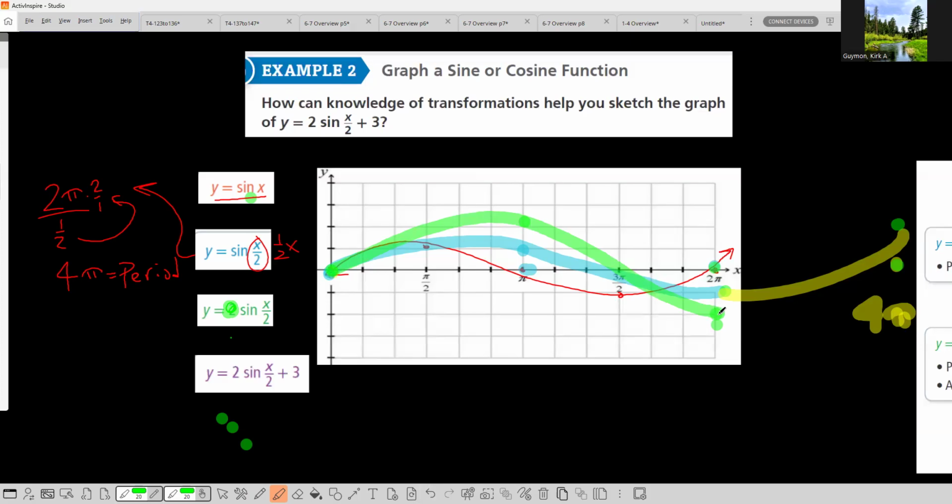And the last one, if you take the purple one, this +3 is added on. So I'm moving the whole graph up 3. Normally it oscillates back and forth over the x-axis, but now we're going to have that midline up at 3. So we're going to oscillate back and forth over that 3 up there. We've still got the amplitude 2, starting here at the high point.